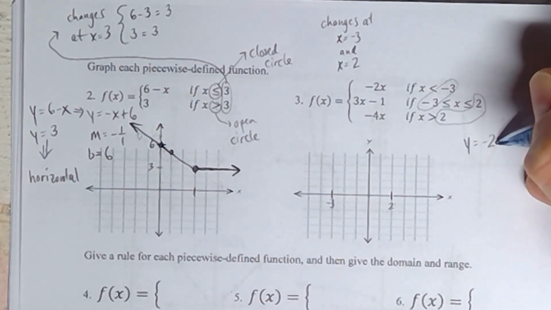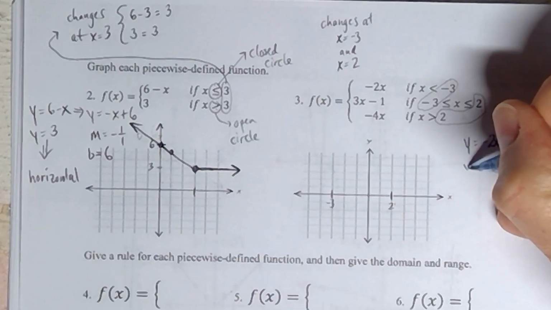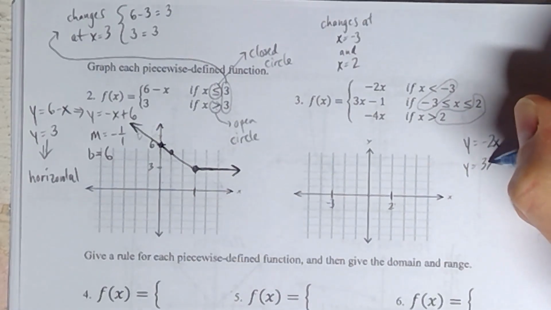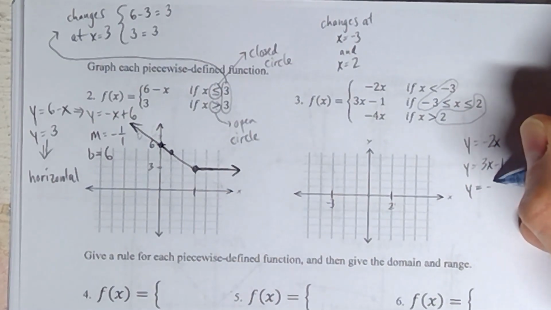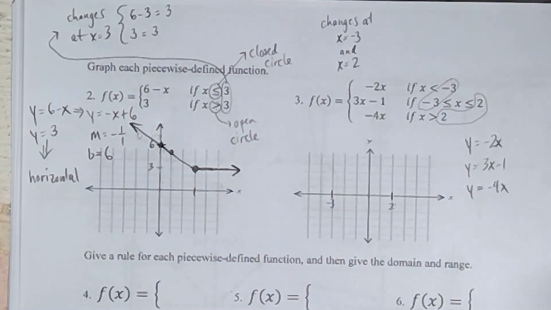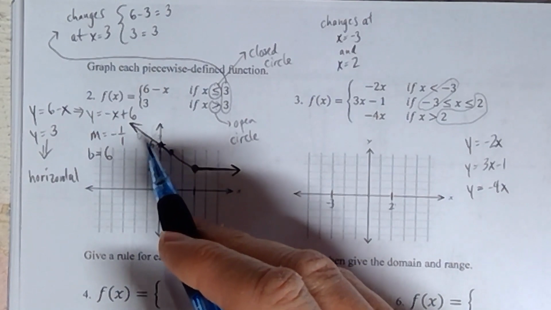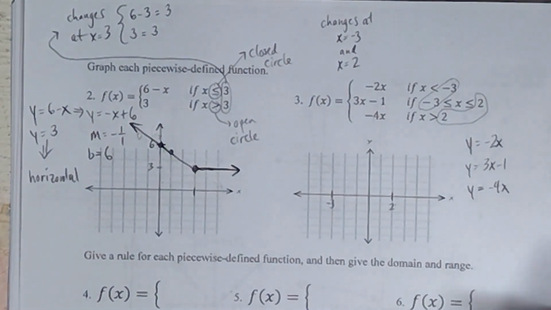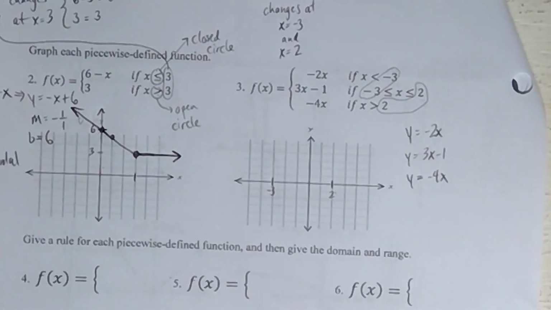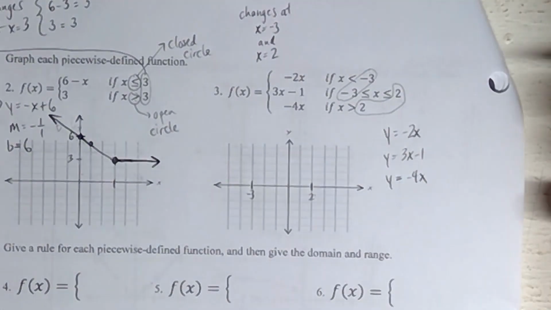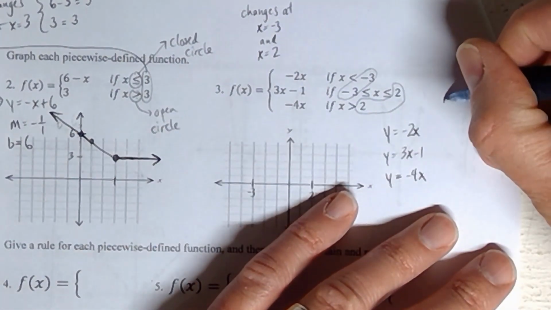y equal to -2x, y equal to 3x minus 1, and y equal to -4x. It's as if we're graphing three different things, just like in the previous two problems where we were graphing two different things. Now we're graphing three because there are three parts to this piecewise function. Please notice, you guys, that all three of these fit into the mx plus b form.